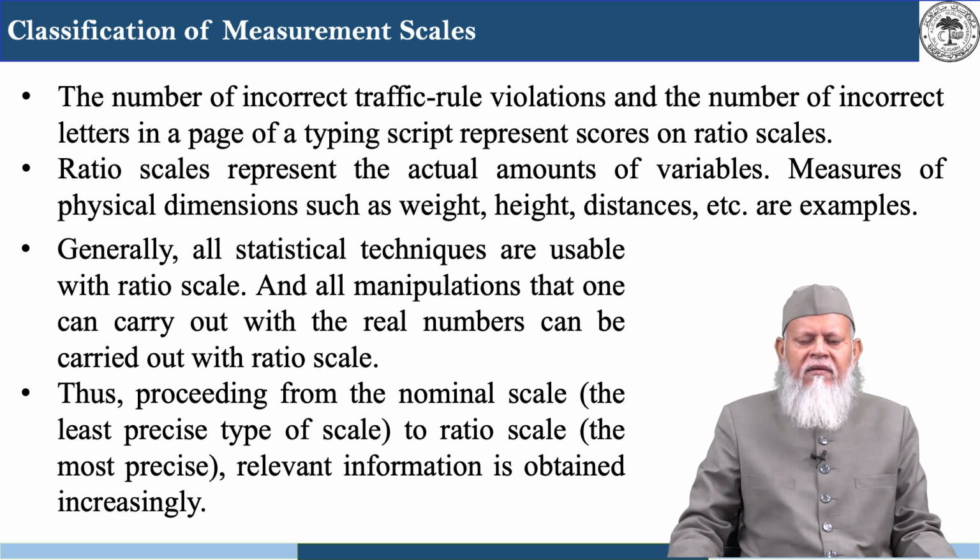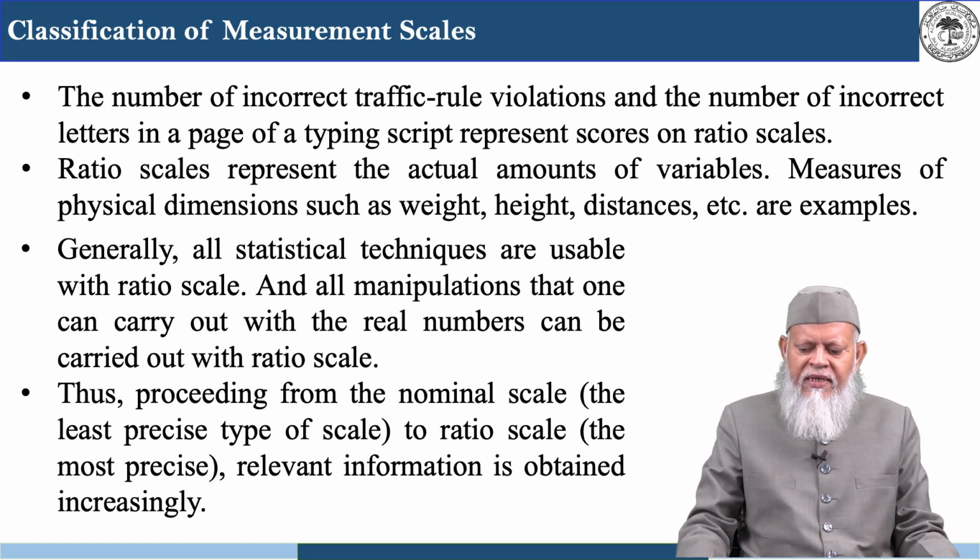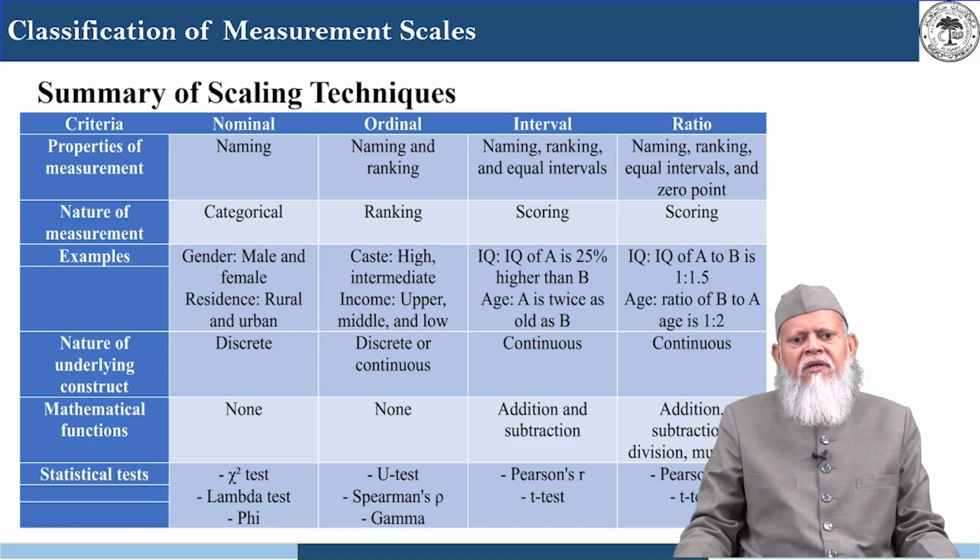Here we are looking at a table which gives you the summary of the scaling techniques for nominal, ordinal, interval and ratio. Here we find that the nominal scale only names as far as property is concerned, whereas ordinal is naming and ranking, whereas interval is naming, ranking and equal intervals, and the ratio scale has naming, ranking, equal intervals, and 0 is present.